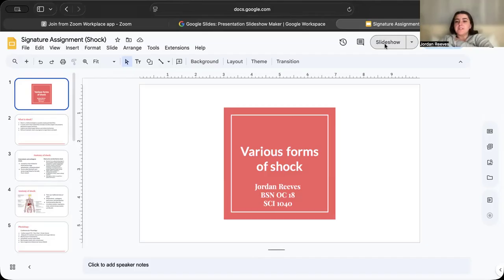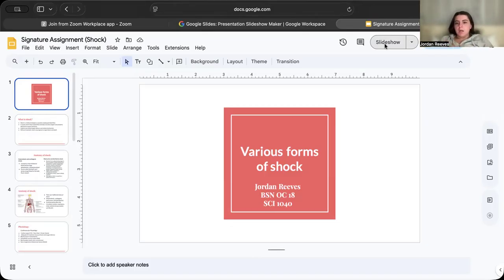Obstructive results from a physical blockage in the circulatory system, so pulmonary embolism or cardiac tamponade. Distributive involves a massive vasodilation, so expansion, of the blood vessels, resulting in low blood pressure despite adequate blood volume. So something's blocking it, even though the blood is circulating and flowing the way it's supposed to, there's something in the way, it's not letting it go through.